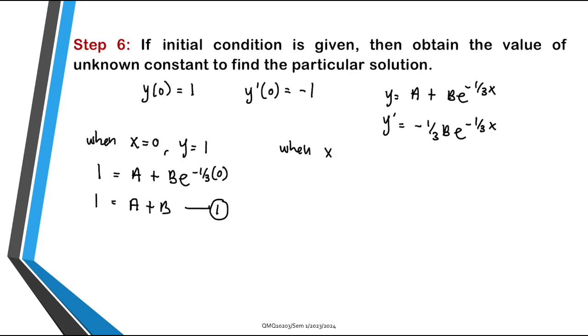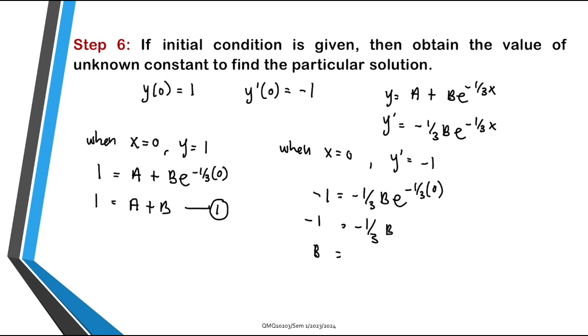When x equal to 0, we have y prime equal to minus 1. So minus 1 equal to minus 1 over 3 b e^(-1/3 times 0). The exponential will be 1. So we have minus 1 equal to minus 1 over 3 b, so b equal to positive 3. This is equation number 2.